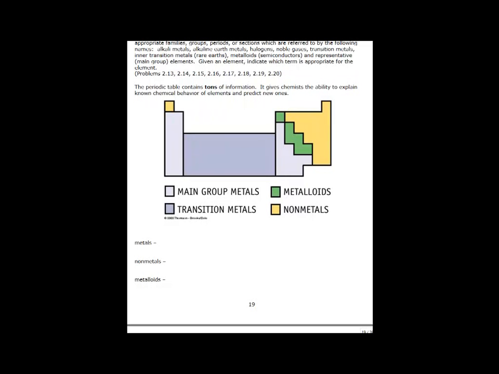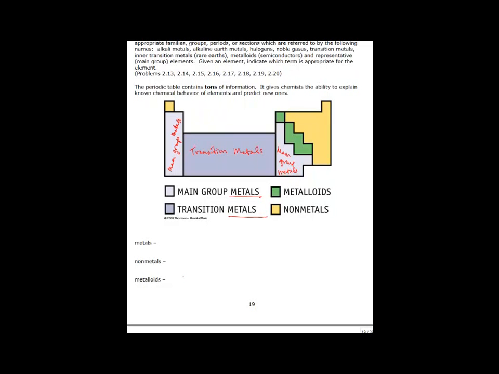And so the metals are on the left, and you notice that there are 2 types of metals. There are the main group metals and then the transition metals. So these are the transition metals, while these are the main group metals, and more main group metals over here.